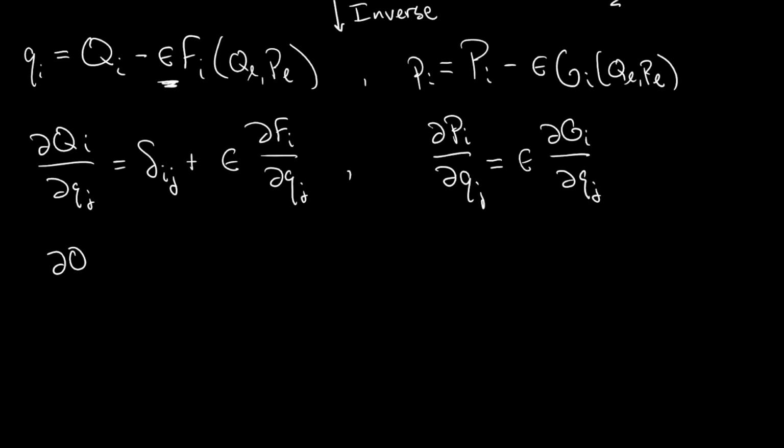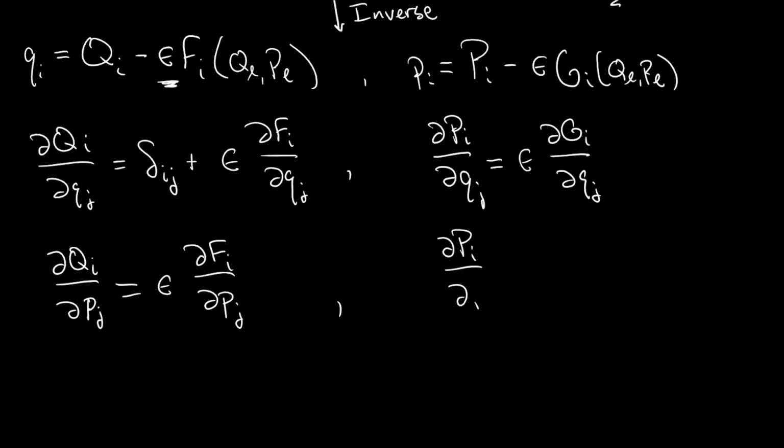And keep going. You see a similar thing happening with the derivative of q with respect to p. The q term drops out, and I'm left with epsilon df sub I dp sub j, and then for p sub I with respect to p sub j, again, I get a delta ij term plus epsilon dg sub I dp sub j.